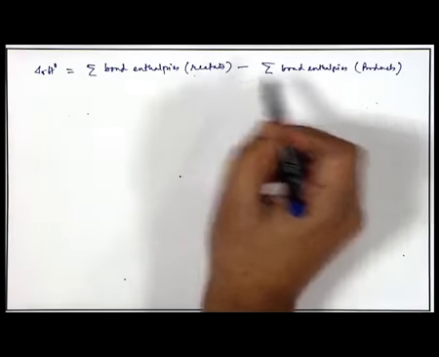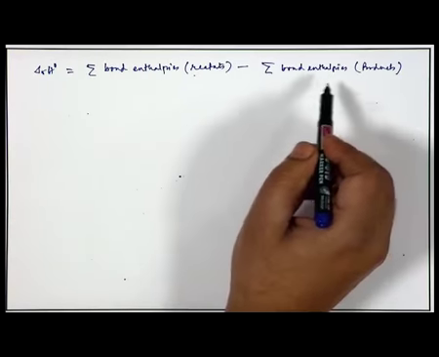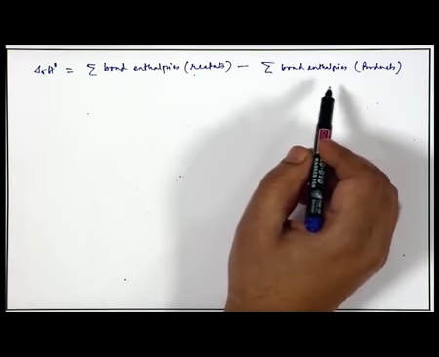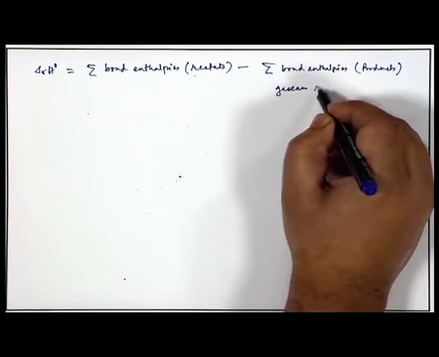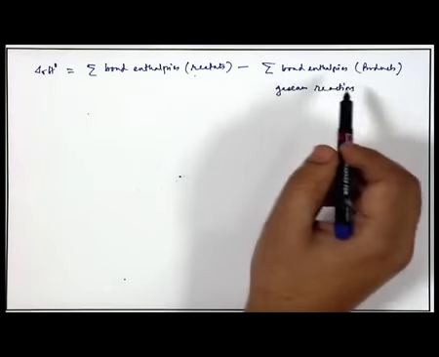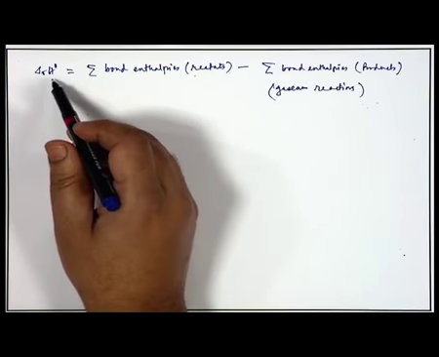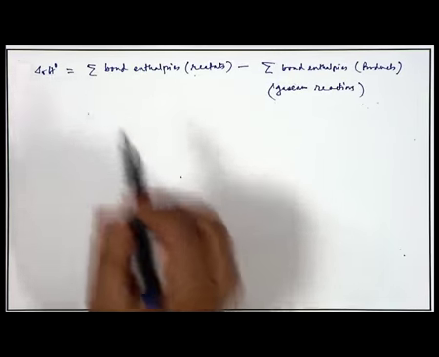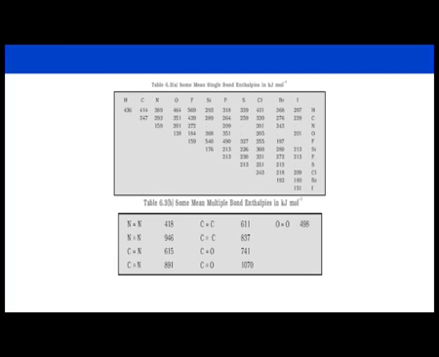In this case it is reactants minus products, and how it is arrived at we discussed in the last class. This is applicable for gaseous reactions. If you know the bond enthalpies for compounds, we can get delta_R H naught, the standard enthalpy of reaction, and some of the values are given in your book.